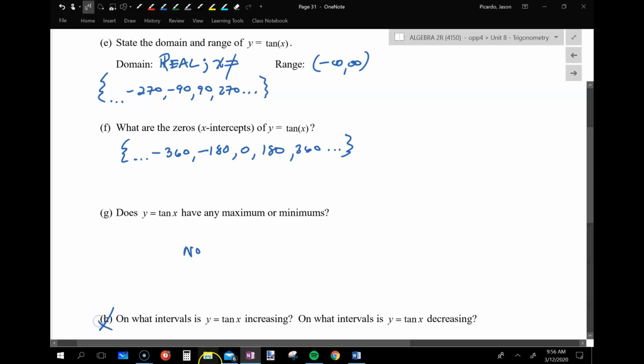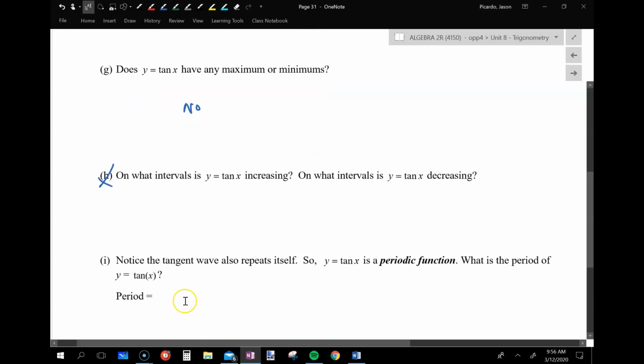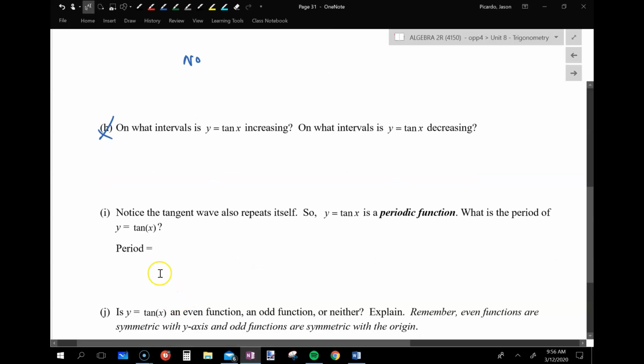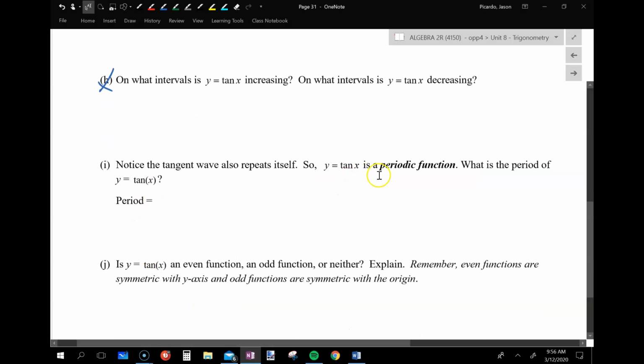Don't worry about H. We're not going to answer H. We will answer this one, though. And Jaylani said it. She said that it is a period length of pi or 180 degrees. And last piece, guys, this is what's called an odd function because it has symmetry to the origin.